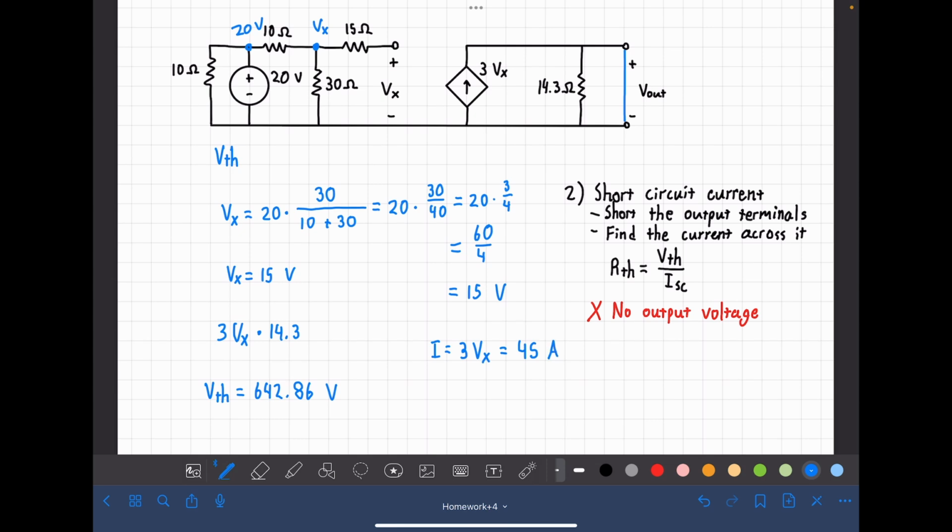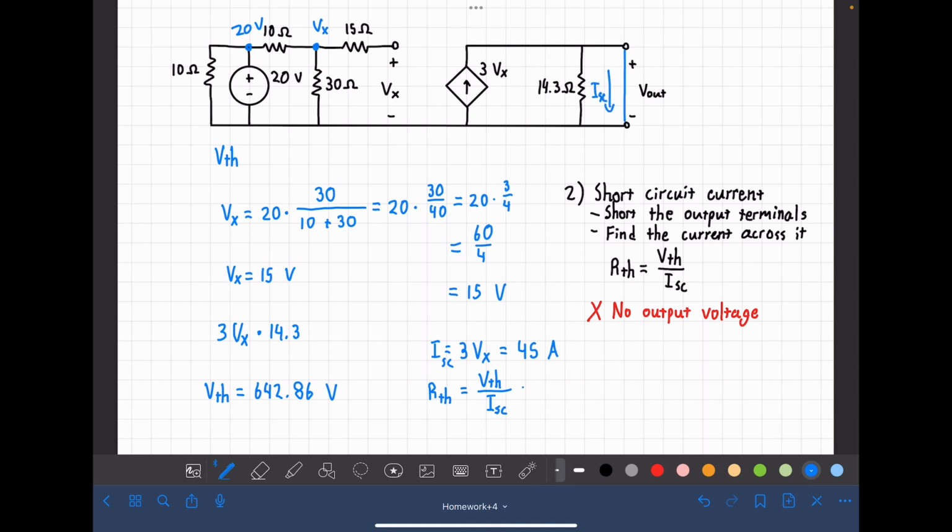Okay, so we now multiply that current. No, we don't multiply. To find our Thevenin resistance from Ohm's law, we take our Thevenin voltage and divide by the short circuit current. I'll put that there. ISC.